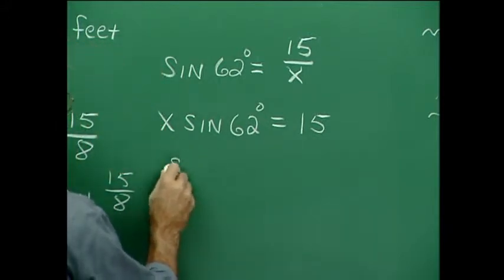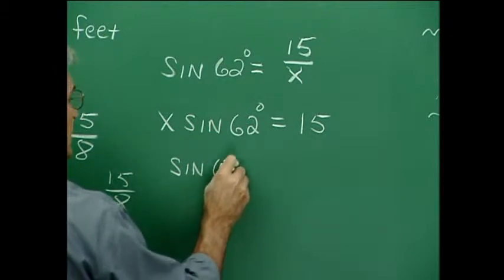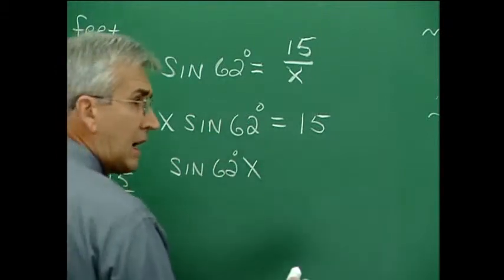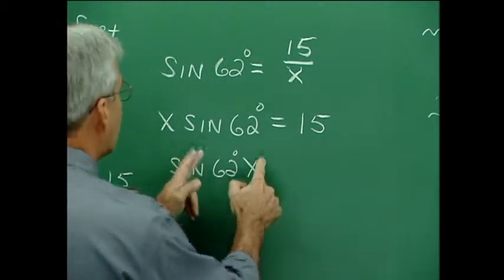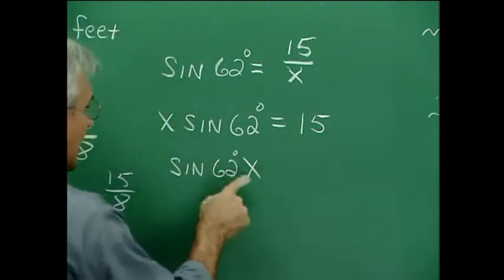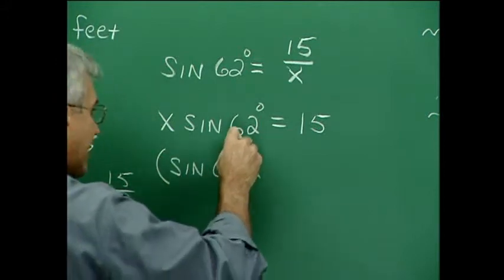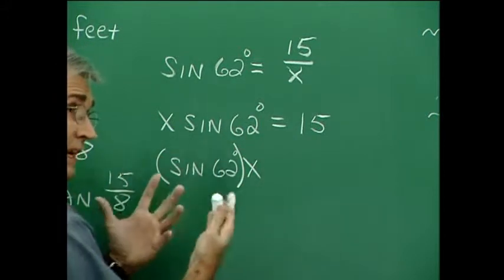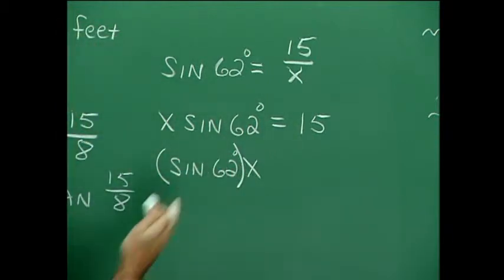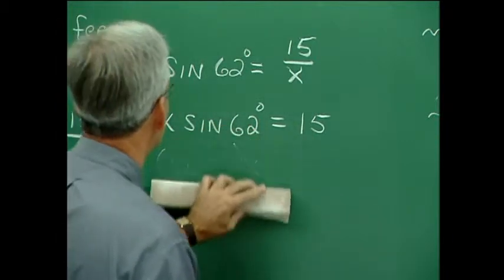If you're writing this as sine 62 degrees x, then it looks like you're taking the sine of 62 times x, you see? And so if you're writing it like this, you have to have a parenthesis in here separating the two factors. But writing it this way, you don't need that parenthesis. Anyway, this is kind of a preferred way to do it.